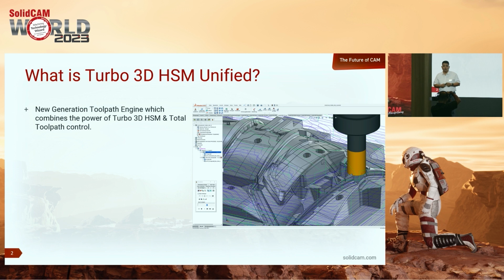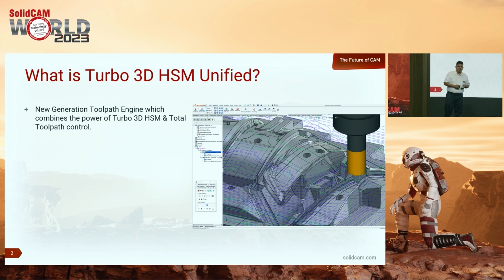One day I got a call from ModuleWorks saying that they wanted to discuss the future of turbo. In one of the meetings, they informed me that they have two teams, one looking after the turbo engine and one looking after the classic engine. They said that it's becoming very difficult for them to manage both these teams together, and they wanted to focus on one single unified engine, and that's how this unified engine was born.